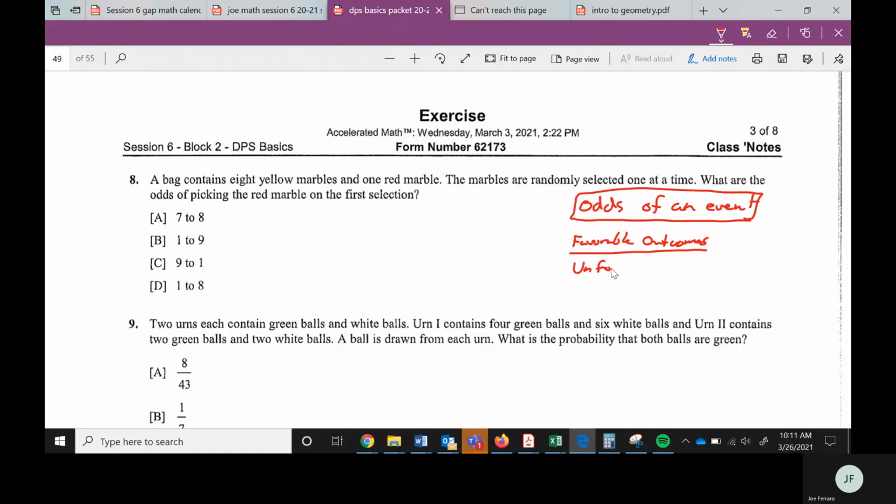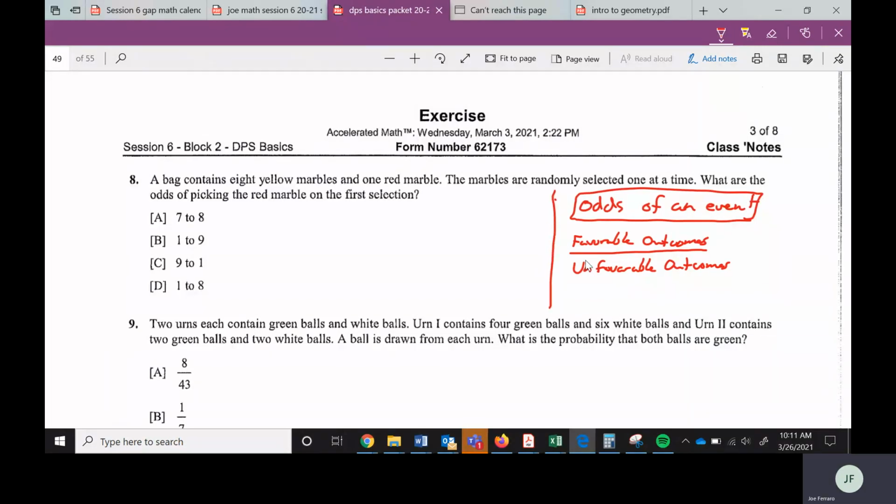Odds has unfavorable on the bottom. So the top and the bottom together will equal the total possible, because it's either what you're looking for or it's not what you're looking for, and added together will equal the total.